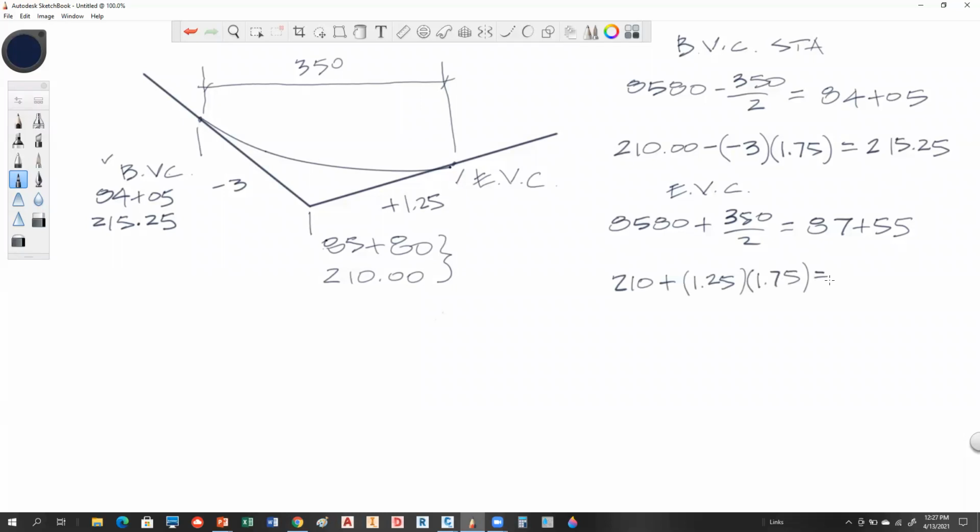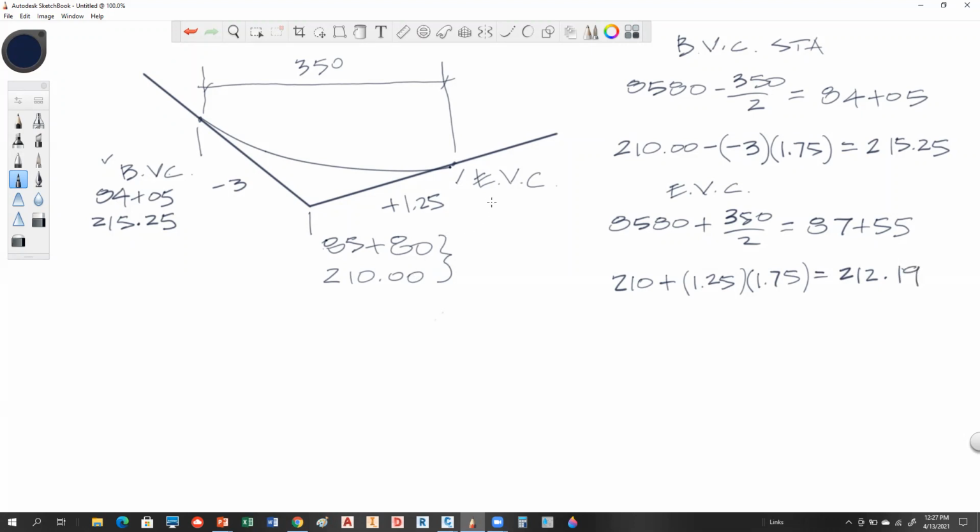So we're going to go up, but we're going to go up at a different rate. 1.75 times that slope rate, it's like 2.19 essentially. So let's see what I came up with. You guys can verify this. I had 212.19 as my elevation. Anybody concur with that?